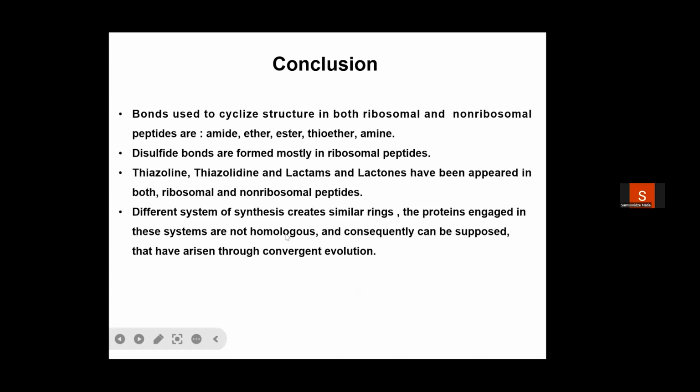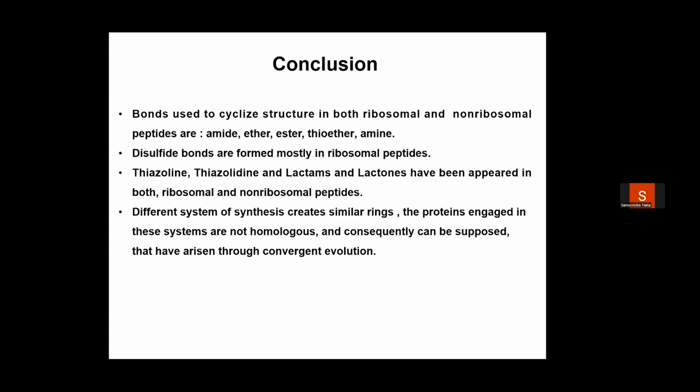In conclusion, bonds used to cyclize structure in both ribosomal and non-ribosomal peptides are amide, ester, ether, thioether, and amide bonds. Disulfide bonds are formed mostly in ribosomal peptides.